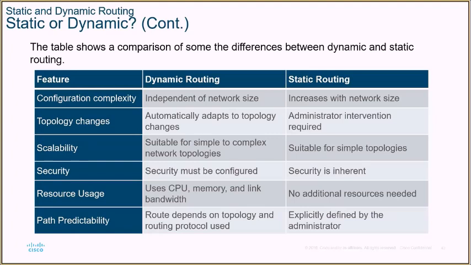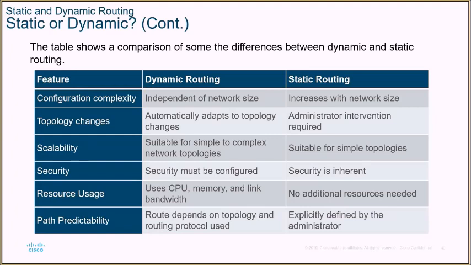All right, topology changes. Routing protocols handle that automatically. If a network is down, the routers will actually tell each other, sorry, that network's now invalid. While in static routing, you have to go down and cancel all those routes yourself. That's not good. Scalability, so certainly dynamic wins that.